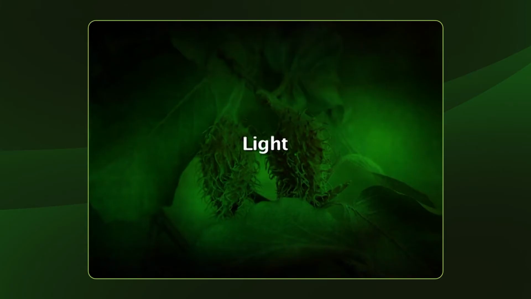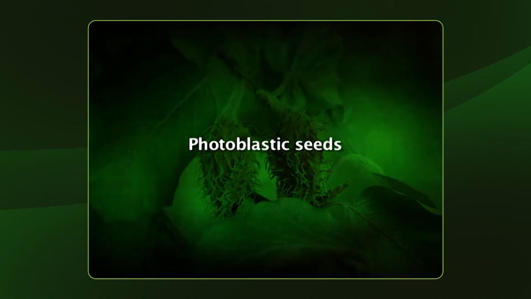Next factor influencing seed germination is light. Germination in many seeds is influenced by light. Such seeds are known as photoblastic seeds. Photoblastic seeds can be positively or negatively photoblastic depending on whether light promotes or inhibits germination. Positively photoblastic seeds do not germinate unless exposed to a brief flash of light.